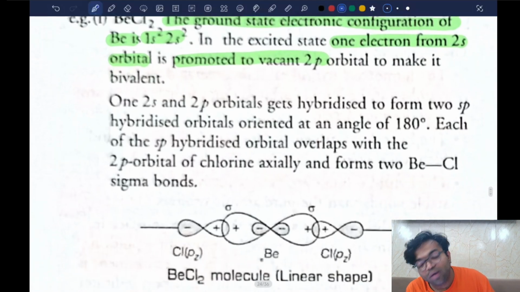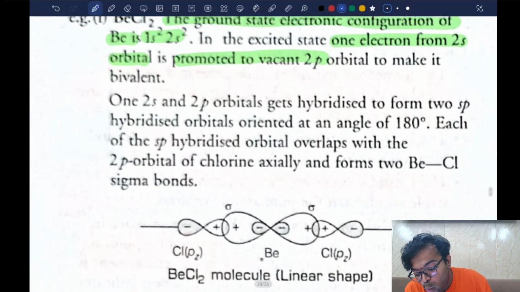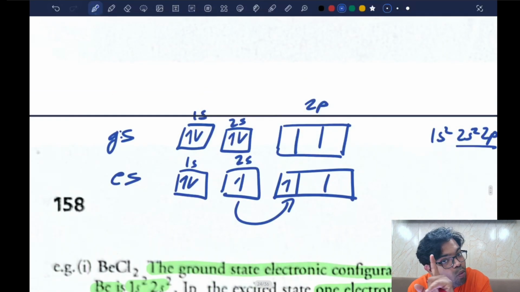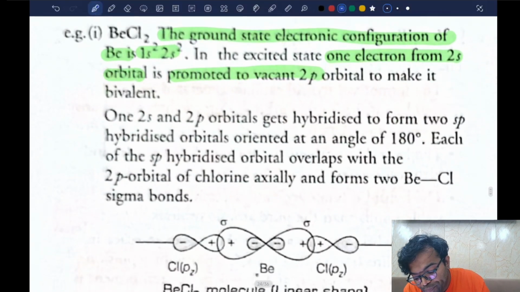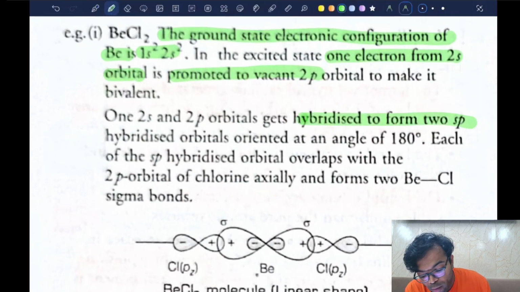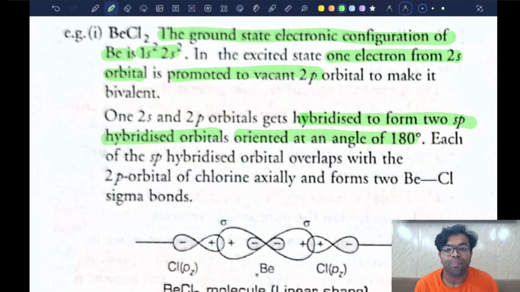Now one 2s and one 2p orbital get hybridized to form sp hybridized orbitals oriented at an angle of 180 degrees. The angle between the two hybrid lobes is 180 degrees.